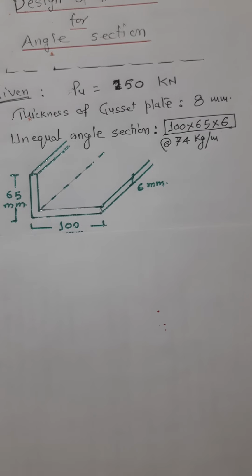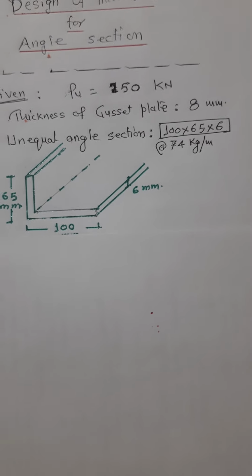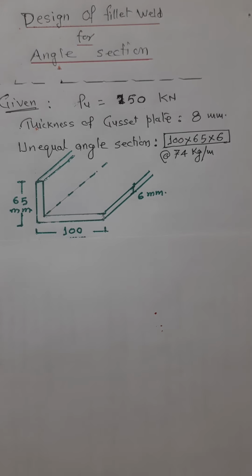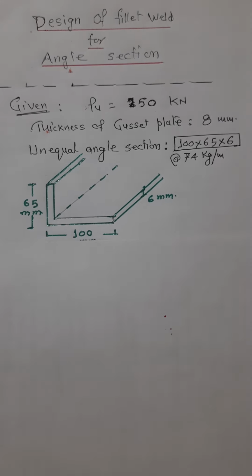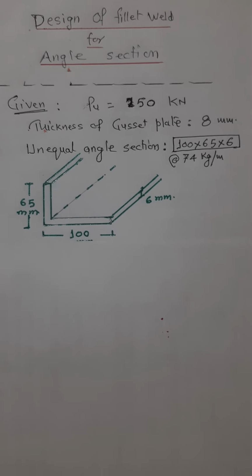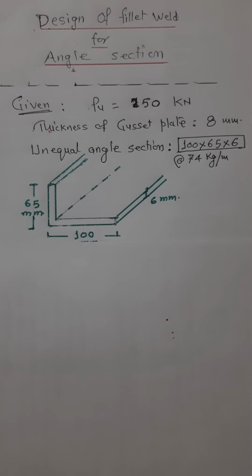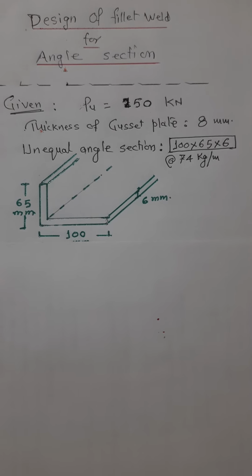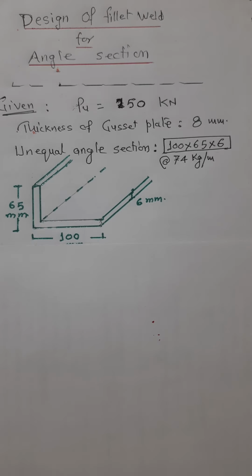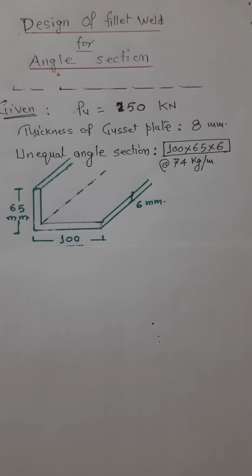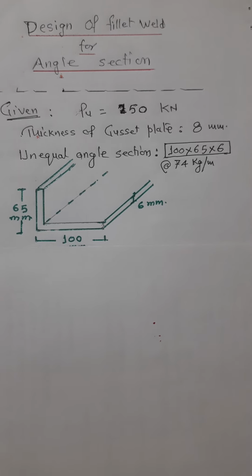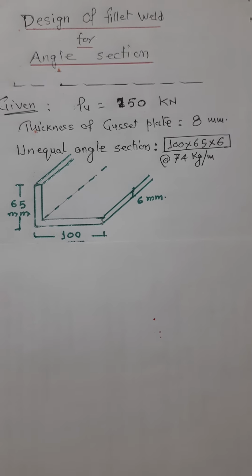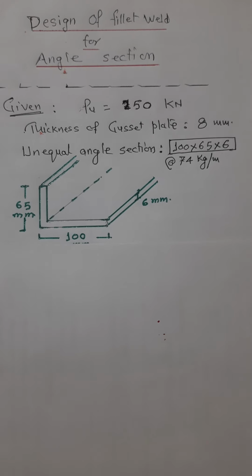How to solve it? First of all, calculate the effective throat thickness, which is nothing but the size of the weld, maximum 1.5 multiplied by the factor k. When the angle is not mentioned, we consider it between 60 degrees to 90 degrees, that is k equal to 0.7.